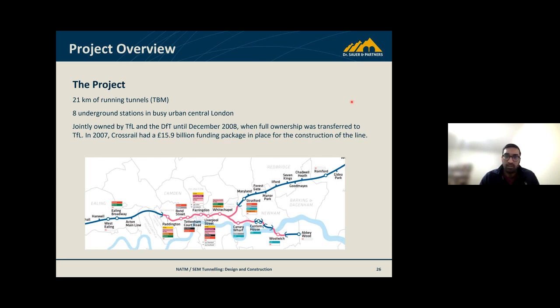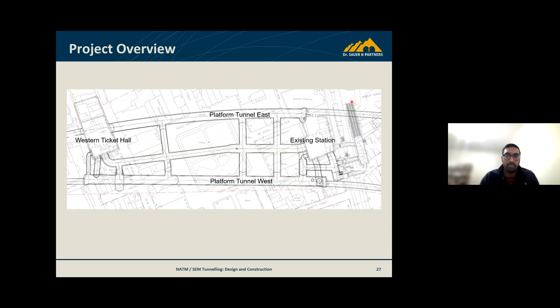One of the stations that I worked on was Tottenham Court Road, and this is the format of the station. These are a bit more typical of stations built in London, a ladder station, as they call them, whereby you have a central concourse tunnel, which then has small adits at different positions along the tunnel to lead up to your platform tunnels themselves.